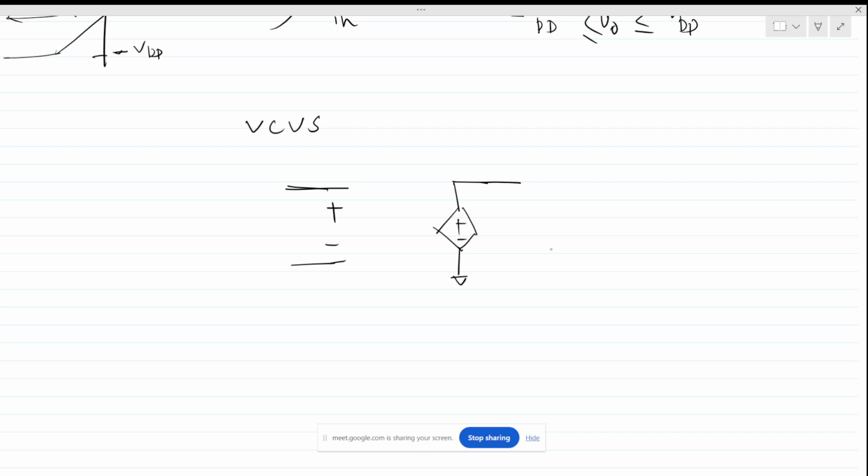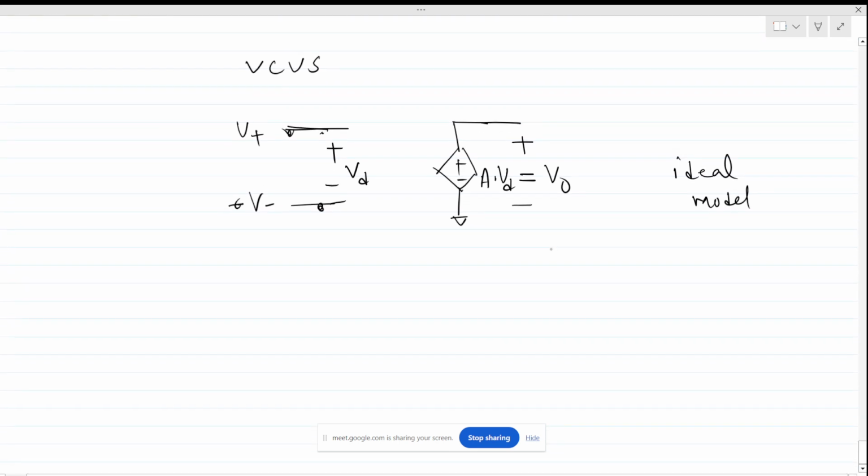Let's say this is VD, this is the V plus and this is the V minus terminal. This will be our V out, and this block is nothing but A times VD. This is the ideal model of an op amp.